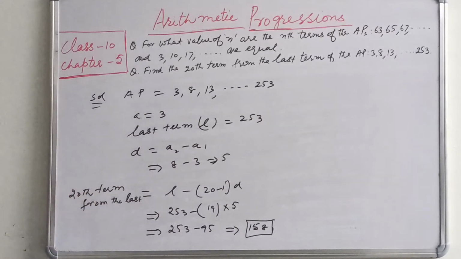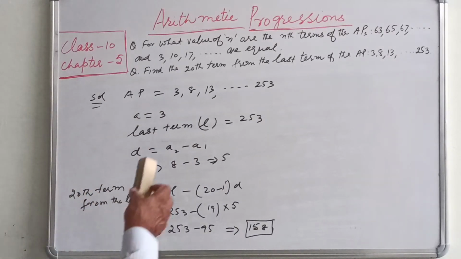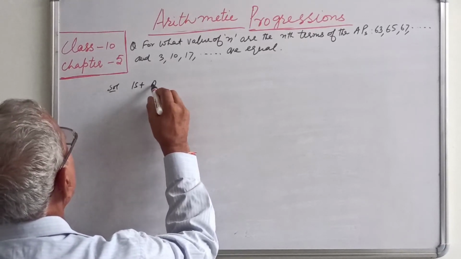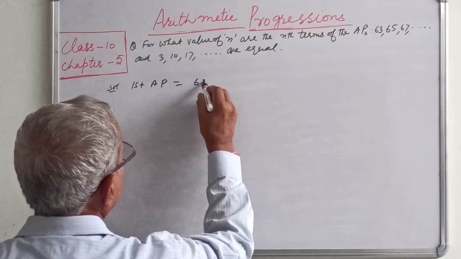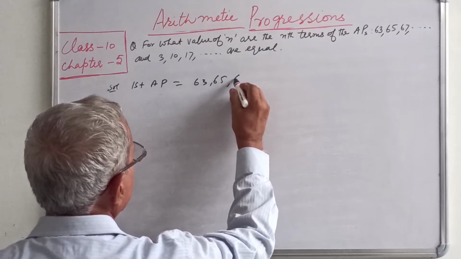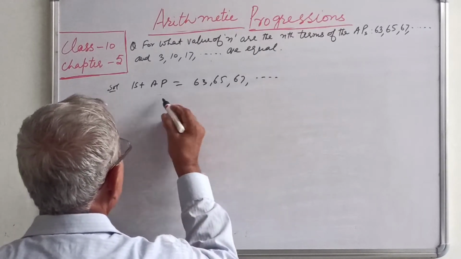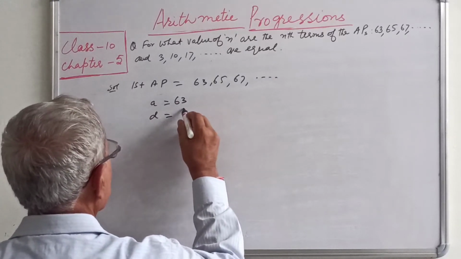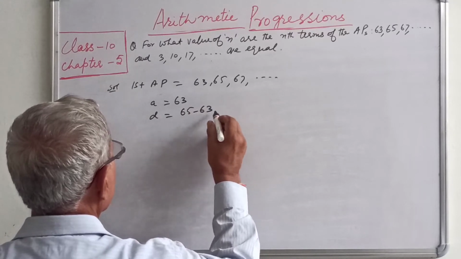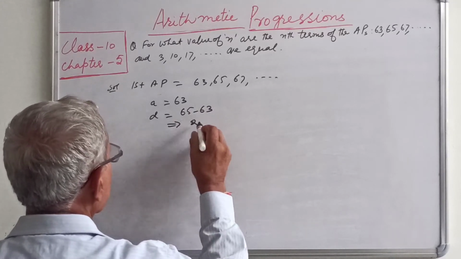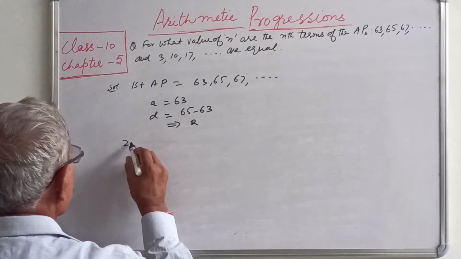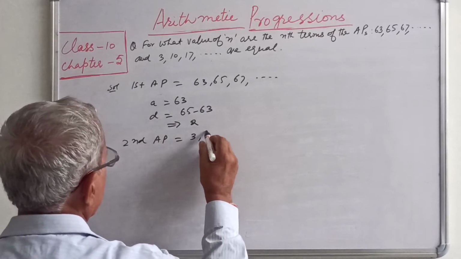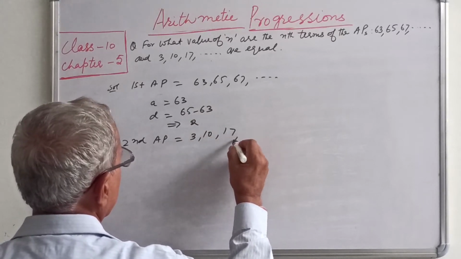Next question. First AP: 63, 65, 67. So A here is 63 and D will be 65 minus 63, that is 2. Second AP: 3, 10 and 17.